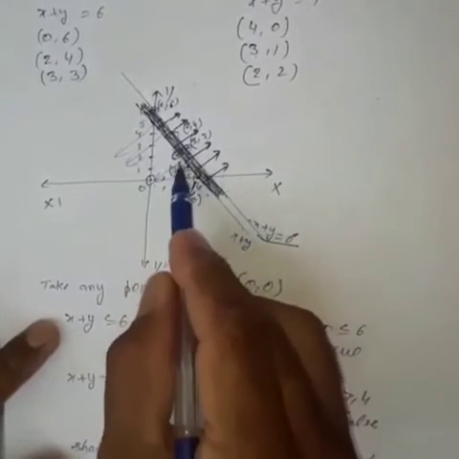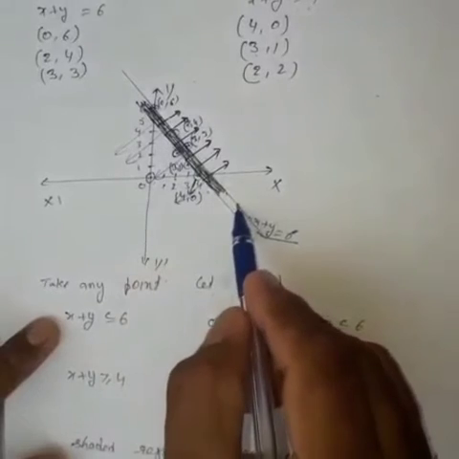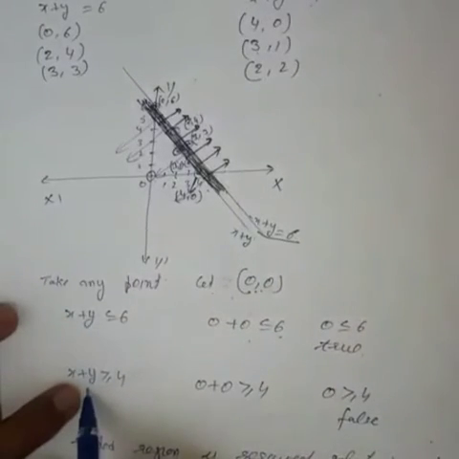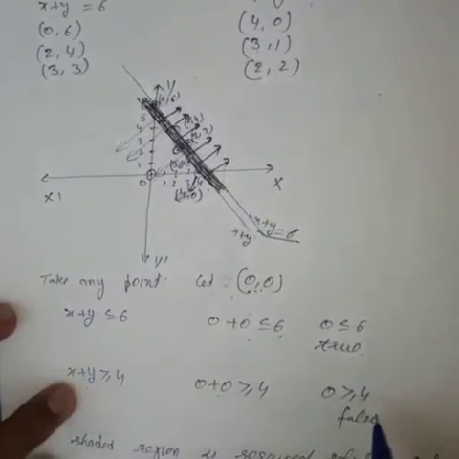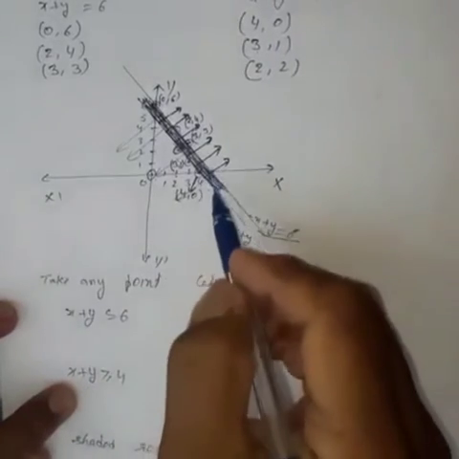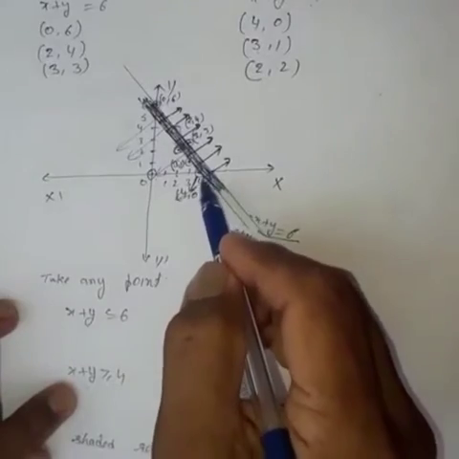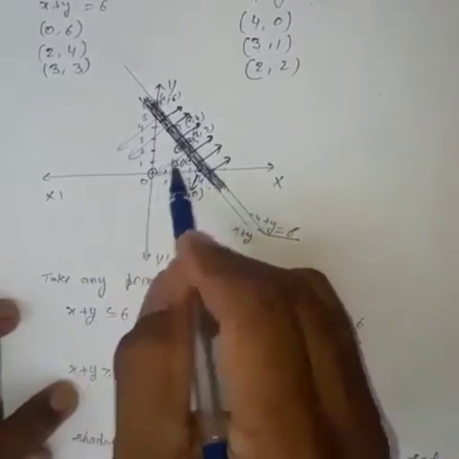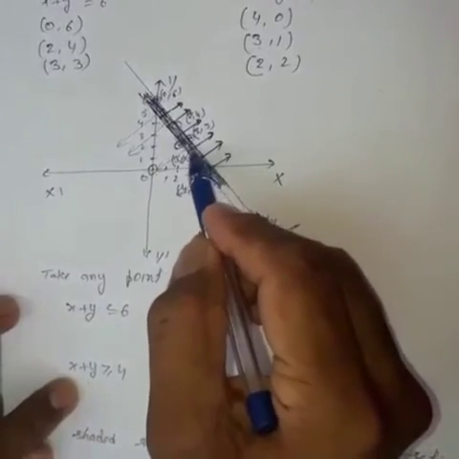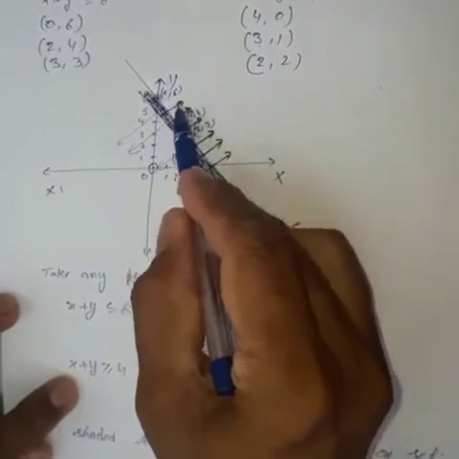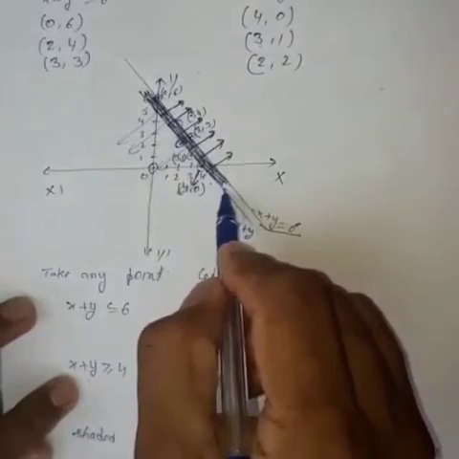So the blue lines you can see are the region for this line. Then for the second line, x plus y greater than or equal to 4, you put the origin: 0 greater than 4, it is false. It means for this line, shading will not be towards the origin, it will be in the opposite direction. So these black lines you can see are the shaded portion for this second line.